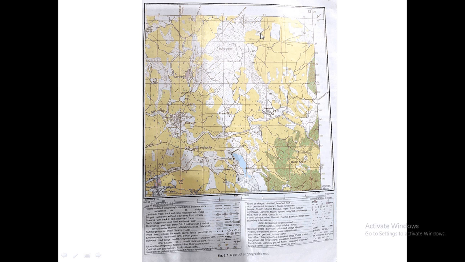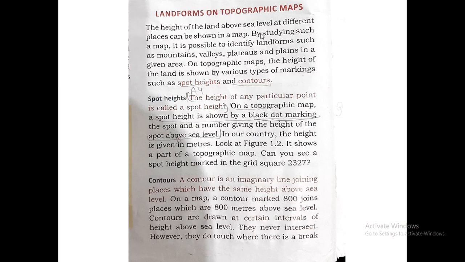So this is the spot height. I hope this is clear to you. This is how we identify the spot height: a black dot marking with a number giving the height.